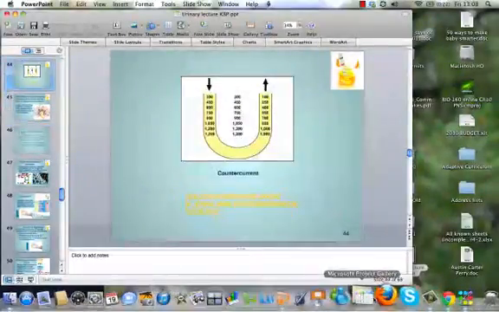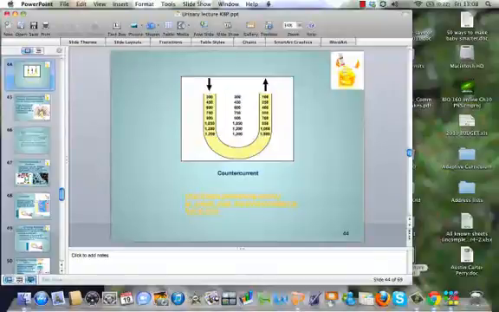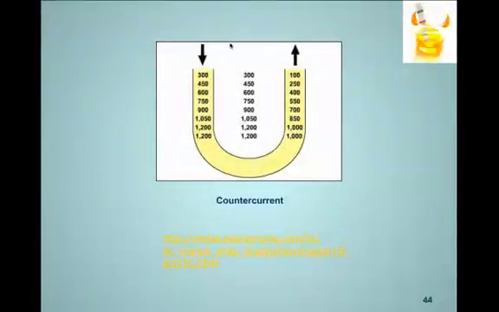So again, we just left off talking about countercurrent multiplication and how that countercurrent multiplication is important for creating this osmotic gradient here that you see that really drives that process of reabsorption, especially of water in the descending limb, and then the reabsorption of salt in the ascending limb.